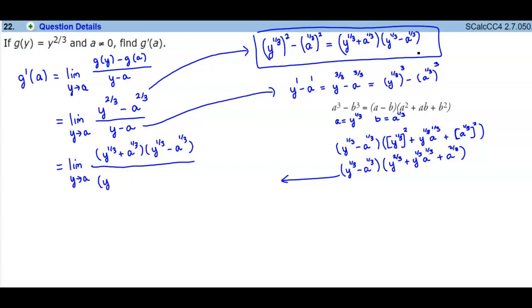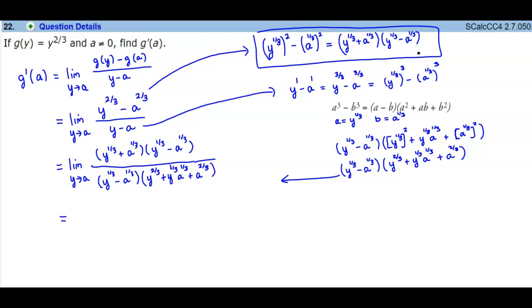So we have y to the 1/3 minus a to the 1/3 times y to the 2/3 plus y to the 1/3 times a to the 1/3 plus a to the 2/3.